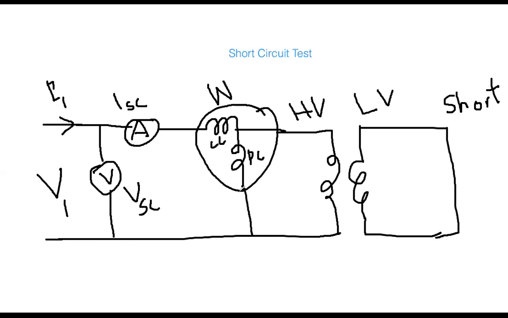The wattmeter has two coils. This coil measures the current flowing, and this coil measures the voltage. Accordingly, they are called CC and PC. And this is the wattmeter, and let us designate its reading by the symbol VSC.